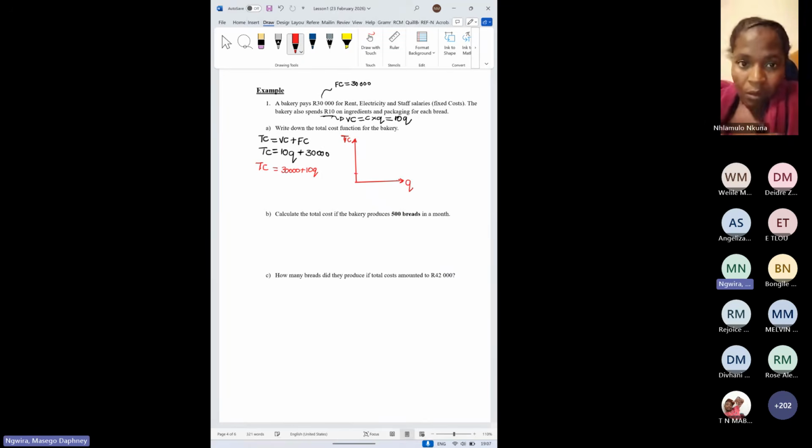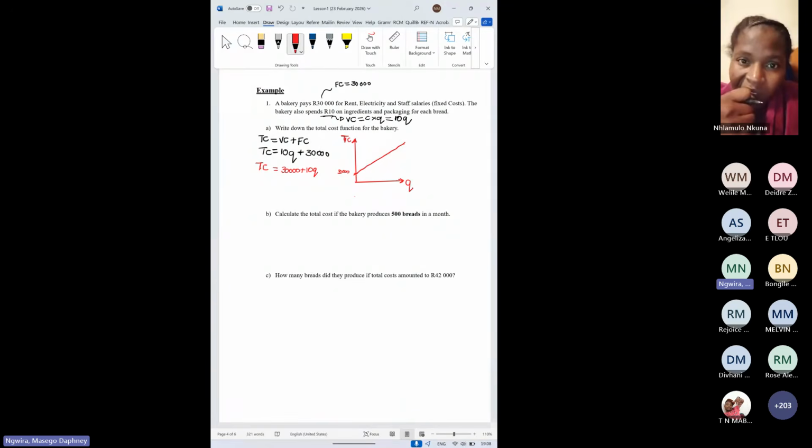There's no way you can tell me that the 30,000 is going to be after here. So my graph is going to look something like this. That's why I was doing the mx plus c. I was trying to show you that this is what we call the y-intercept. That's where your graph starts. And then this is the gradient.